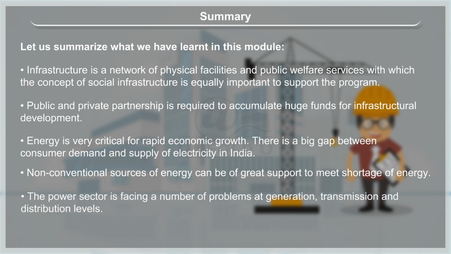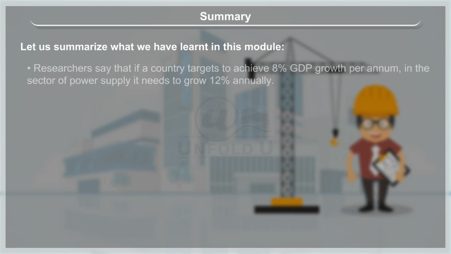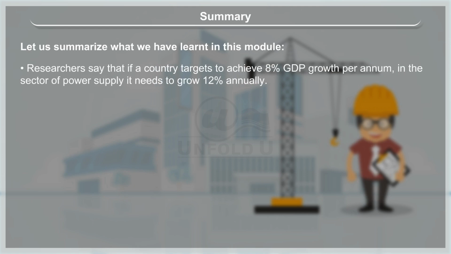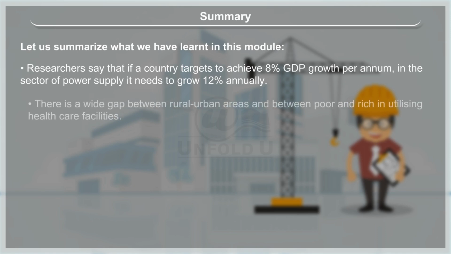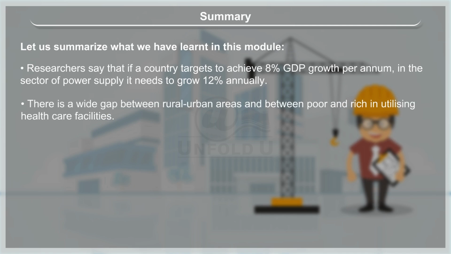The power sector is facing a number of problems at generation, transmission and distribution levels. Researchers say that if a country targets to achieve 8% GDP growth per annum, the power supply sector needs to grow 12% annually. There is a wide gap between rural-urban areas and between poor and rich in utilizing healthcare facilities.